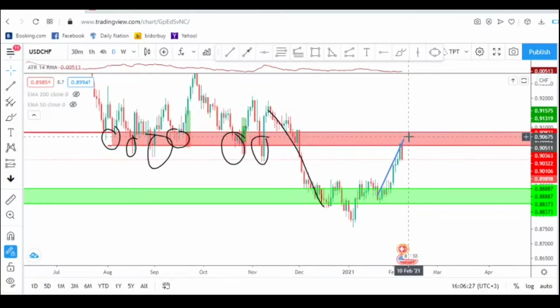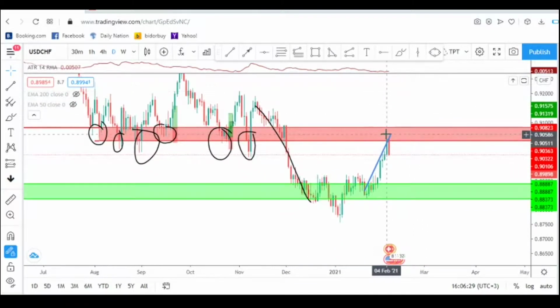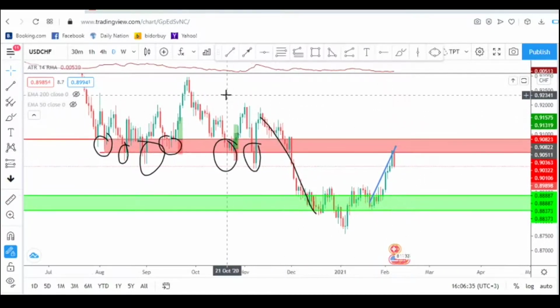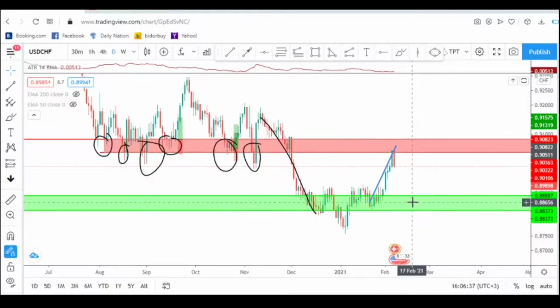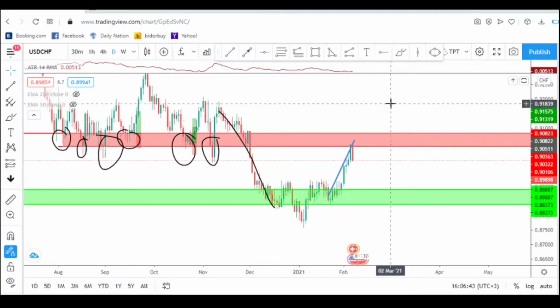If the market makes it to this level, I'll be looking for a selling opportunity. This is like a counter trend strategy, because right now the market is in a downtrend and showing some signs of a reversal to the upside, but I will be selling this market when it comes to this level of resistance. Another is euro dollar.